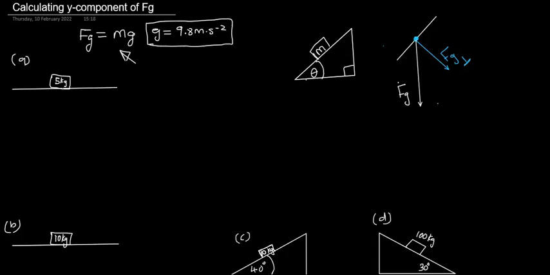All right, and the angle of the incline needs to be placed between those two. So the angle of incline, which is theta, is always between Fg perpendicular and Fg. And of course, if you complete the triangle, you do have Fg parallel, which is also referred to as Fgx.